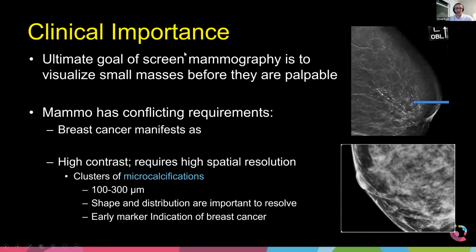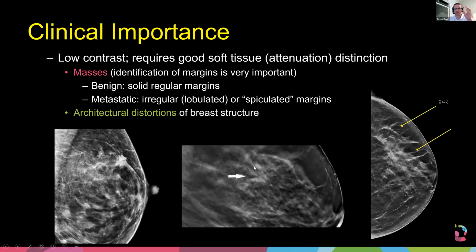And all of these things we've talked about are actually conflicting, and that's the problem. We need to see teeny tiny microcalcs, but we also need to see something that is of low contrast, in more diffuse, less edge enhanced objects, be they architectural distortions or a mass itself.